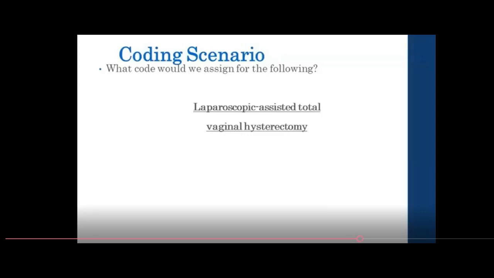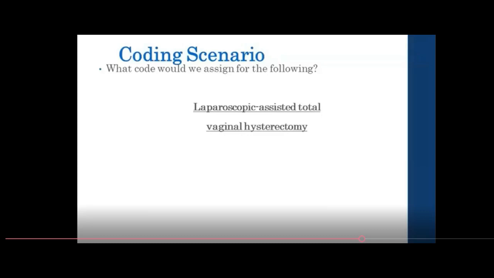That is the only time we even see F as a choice for our approach. So our approach is F because we're doing percutaneous endoscopic assistance for a LAVH, okay?